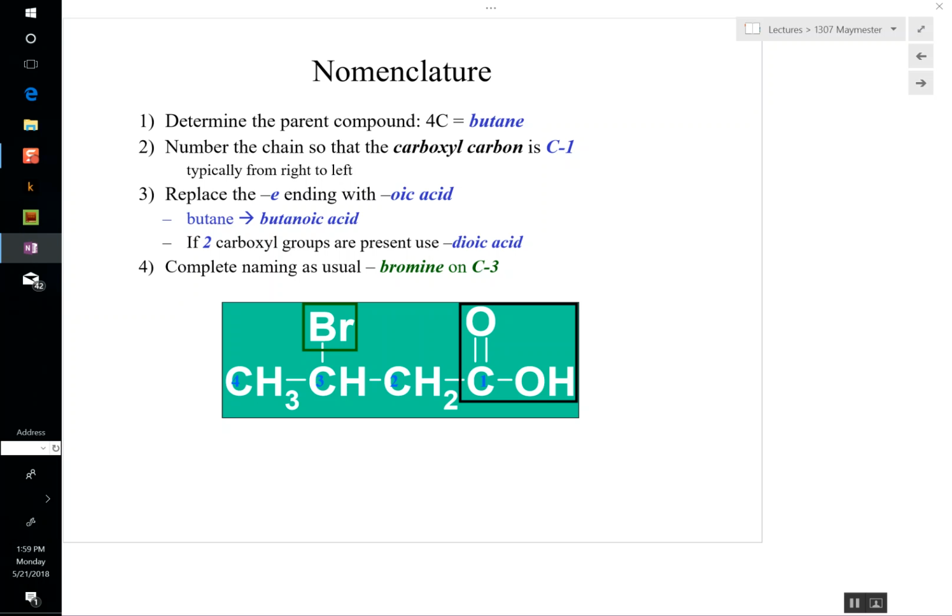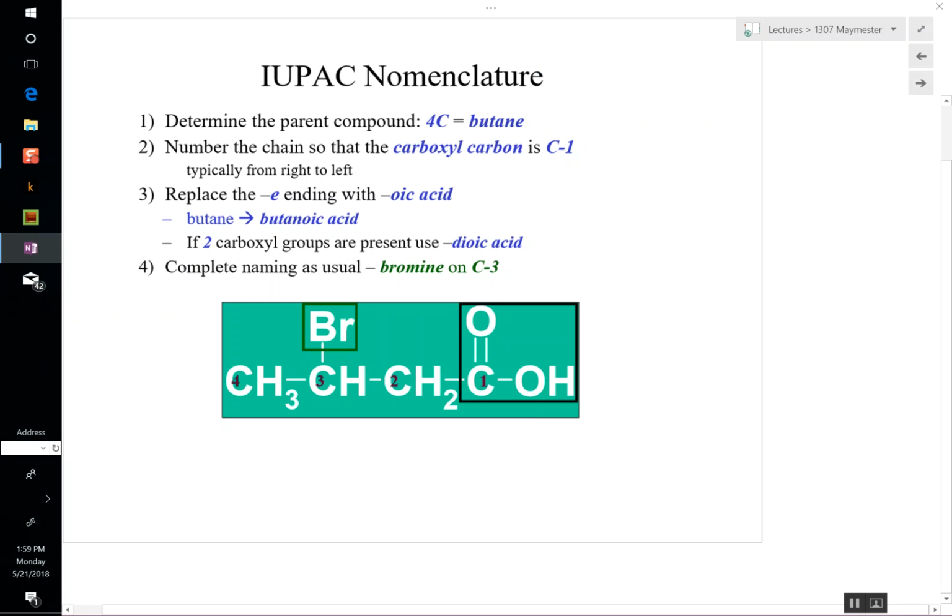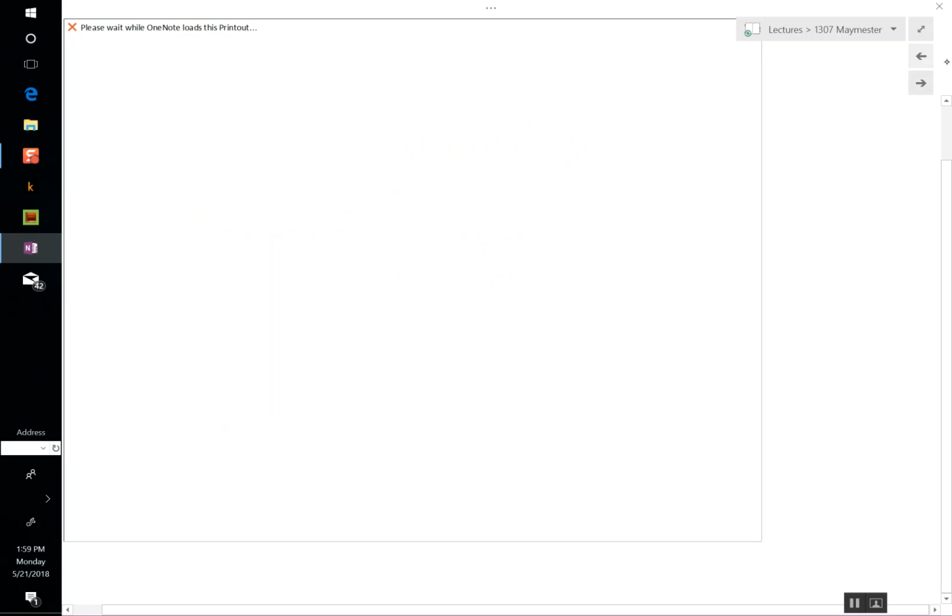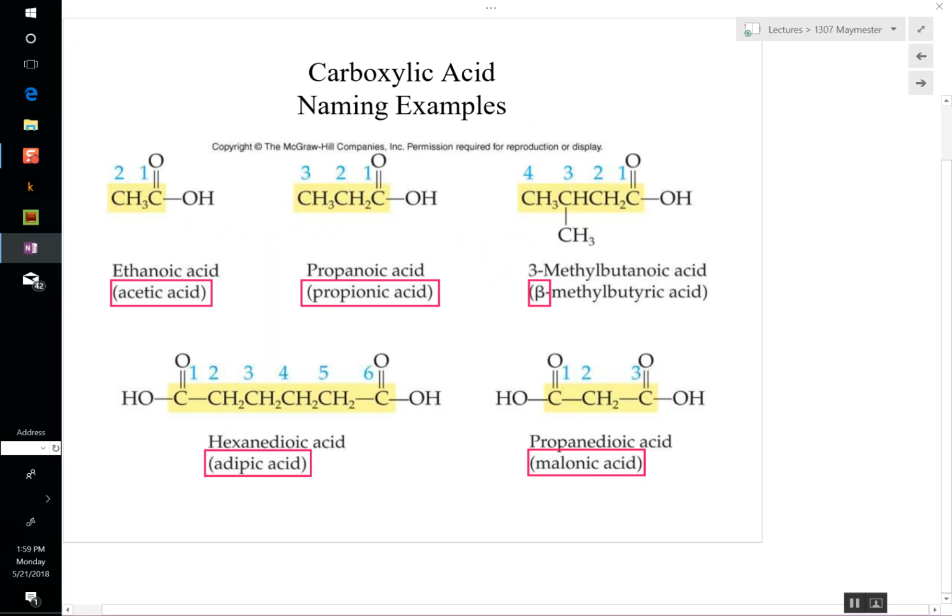If there are 2 carboxyl groups, it would be a dioic. Butanedioic acid. Let's see if we have a dioic anywhere. Yeah, here's propanedioic acid. 3 carbons long, carboxyl group on both ends of the propane. So it's propane.